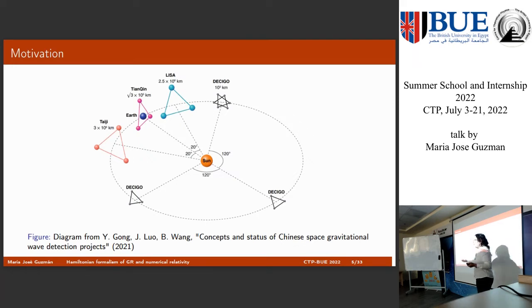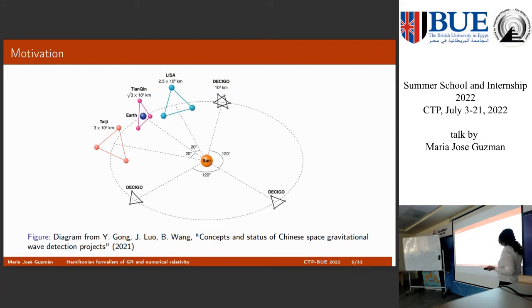So, in order to motivate you, in 10 years more we will have gravitational wave detectors in space. Right now, all our detectors are on Earth, but very soon we will have the LISA collaboration from the West, but also we have the Decigo detector from Japan, and 2 gravitational wave detectors from China.